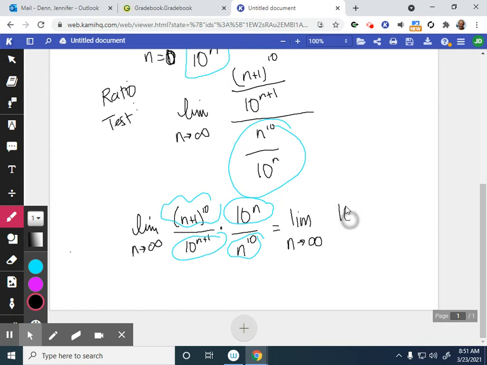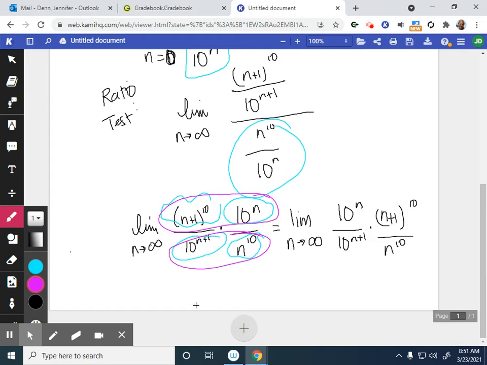I'm going to put 10 to the n over 10 to the n plus 1, and I'm going to put n plus 1 to the 10th over n to the 10th. I'm totally allowed to do that. This is all just multiplication. So these are all multiplied, and it doesn't matter what order I put them in on the top and bottom. So I'm just going to stack things a little bit differently so I can do some comparing. So I really want to see what happens with these. What happens with these?